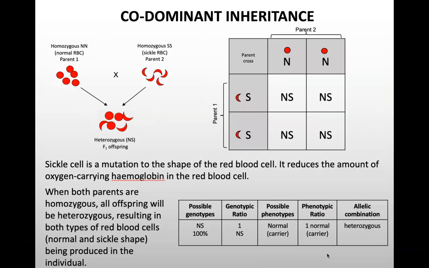Another example of codominant inheritance in humans is sickle cell, which is a mutation affecting the shape of the hemoglobin, and therefore the shape of the red blood cell, and it also hardens that red blood cell. It reduces the amount of oxygen-carrying hemoglobin in the cell.